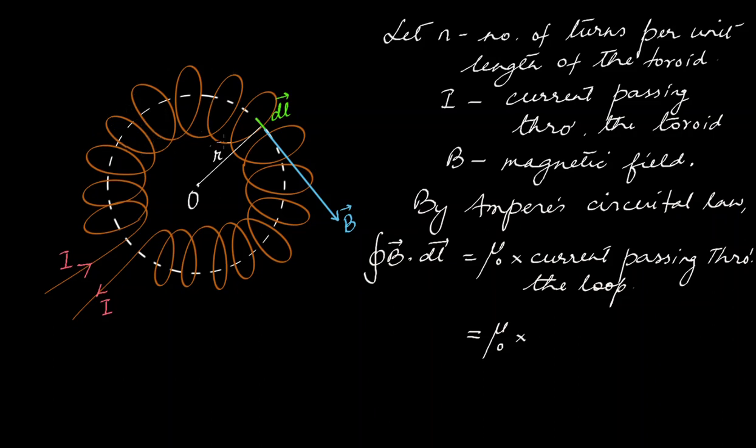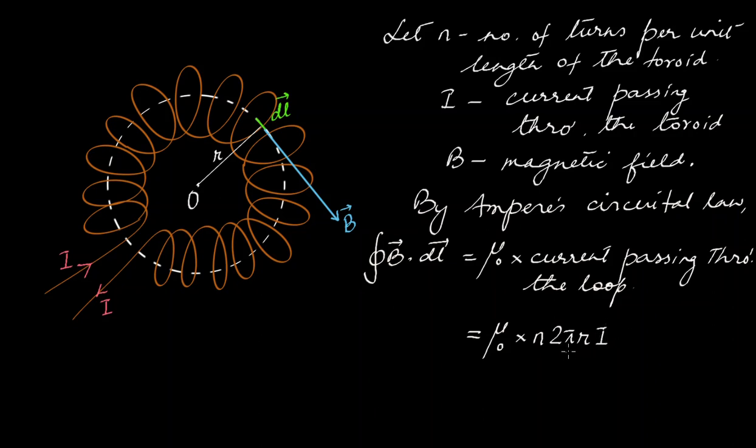How many times is it entering the loop? It is entering n times. Okay, and it is entering along the entire stretch of this loop. In other words, it is entering along the entire circumference of the loop. So therefore this will be n times the circumference into I.